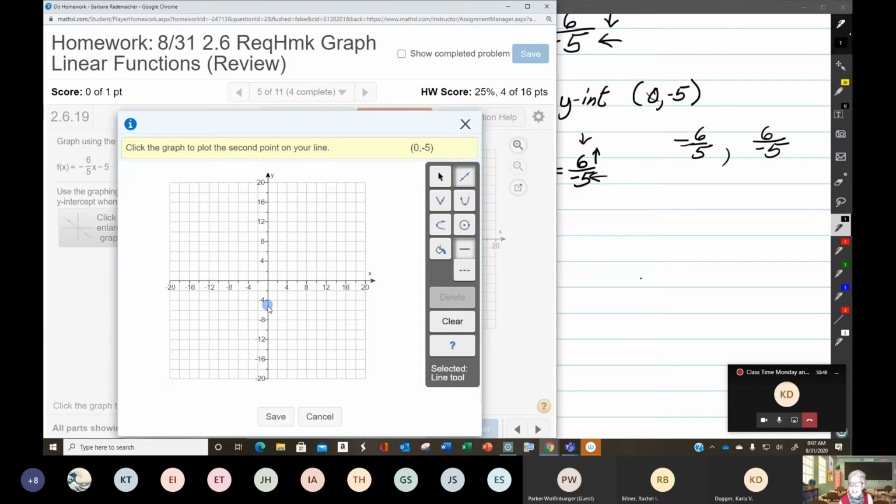Okay, good. Now, I can go down 6 and to the right 5, or up 6 and to the left 5, and normally you're going to have a 10 by 10 graph. So if I were to go down 6, I'd be at -11, which would be beyond the endpoints of the graph. So I would have to use up 6 and to the left 5. And that's what I'm going to do just because I feel more comfortable.